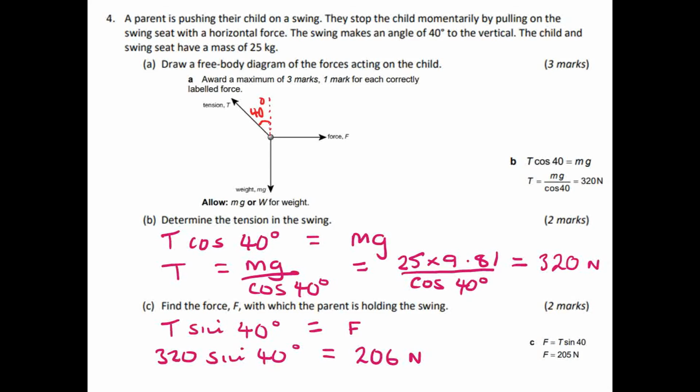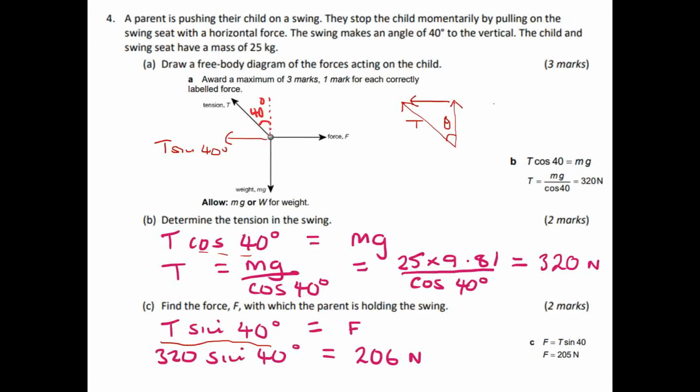The reason that this is T sine 40 for the horizontal component is because that's the opposite side in the triangle. If we just draw the triangle here, we've got the hypotenuse, which is the tension. We have got a vertical component, which we calculated down here, and we've got the horizontal component that we are trying to find, and that's our angle theta.